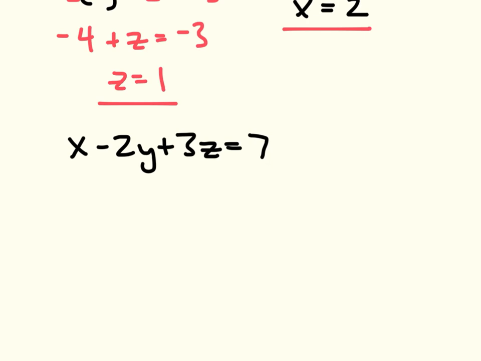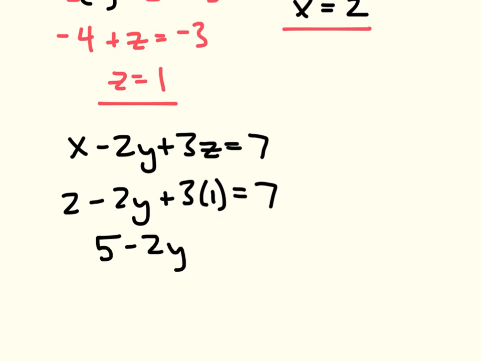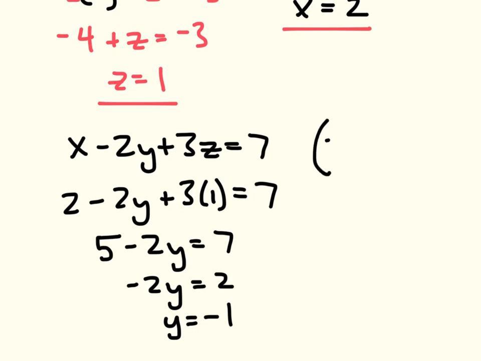Okay, so x was 2, minus 2y plus 3 times 1 equals 7. All right, this still has a variable, so 2 plus 3 is 5, minus 2y equals 7. Subtract 5 from each side. Negative 2y equals 2, and y equals negative 1. So I've got all three variables. My solution is 2, negative 1, 1.